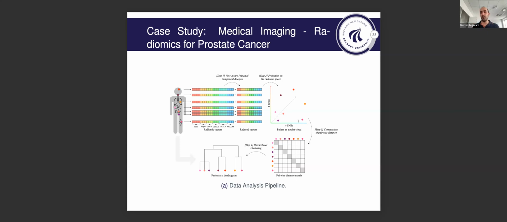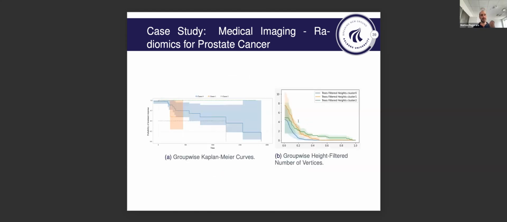What we did is basically we represented this point cloud with hierarchical clustering dendrograms, so with merge trees, and then we took the pairwise distances with a slight variation of the metric that I defined. Then, on top of these pairwise distances, we obtained a clustering of the patients. And basically, the key point is that we were able to interpret some clinical variables in light of this clustering structure.